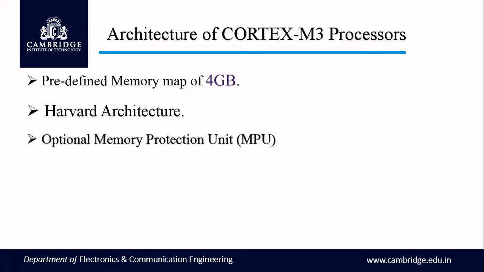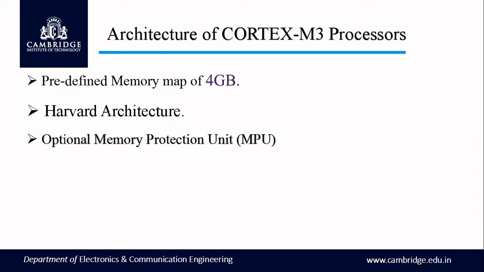Now let us see the features of the memory. It has a memory of 4 GB, which is predefined. Predefined means it is clearly specified what type of data has to use which part of the memory. So it has a predefined memory map of 4 GB. It is based on Harvard architecture, which means it has a separate code memory and data memory, that is, a separate instruction bus and data bus, which increases the performance of the processor.